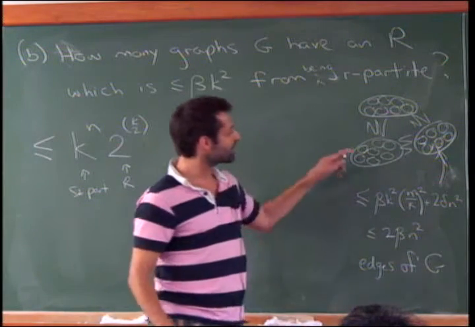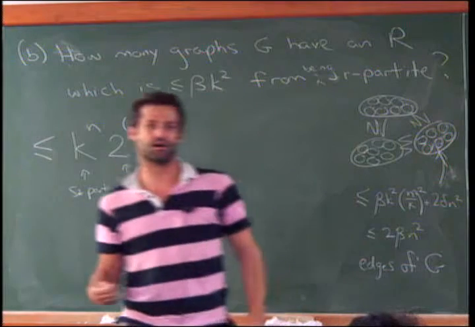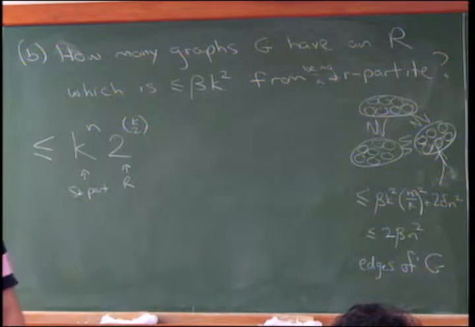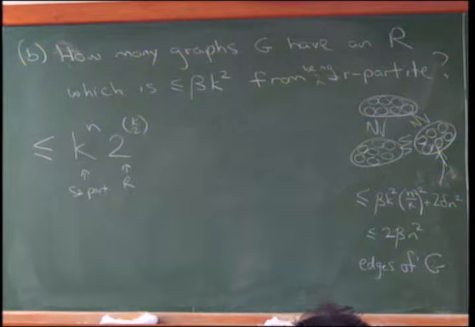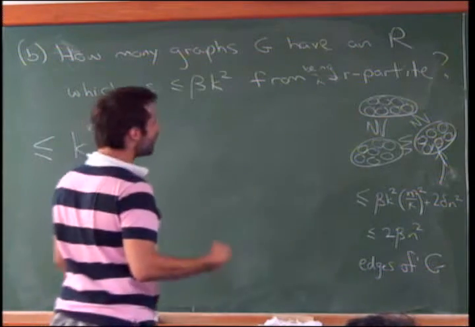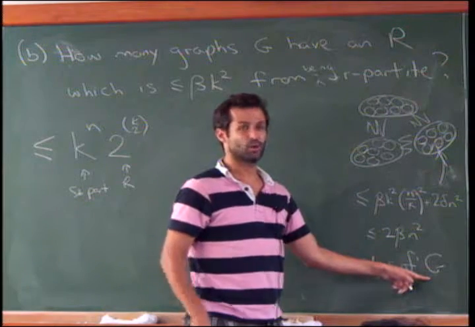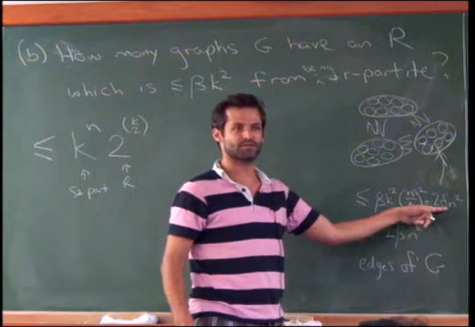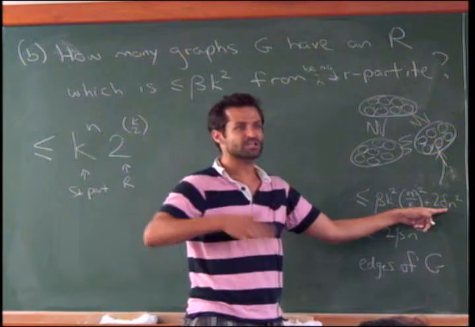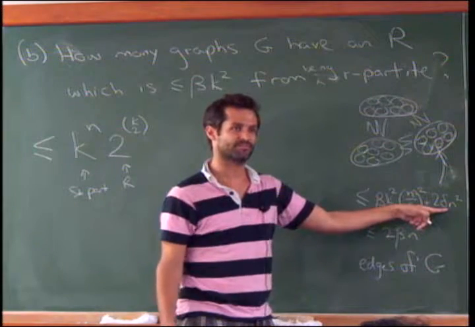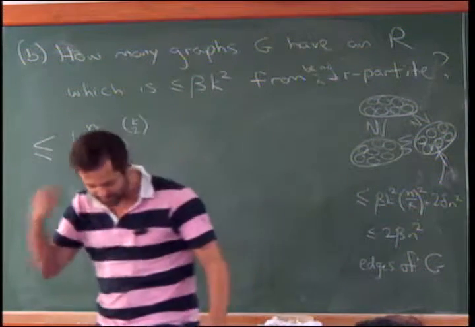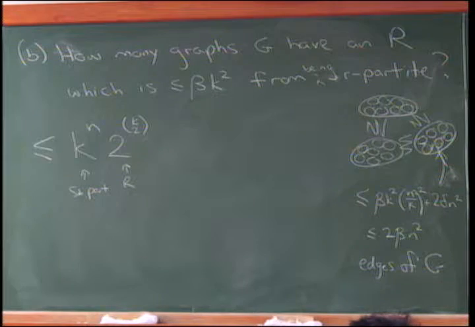I claim that we not only have an R partition of the graph R with few edges inside each part, we have an R partition of the graph G with few edges inside each part, because almost all the edges of G, all but 2 delta n squared of them, correspond to edges of R. By the same calculation we always do.